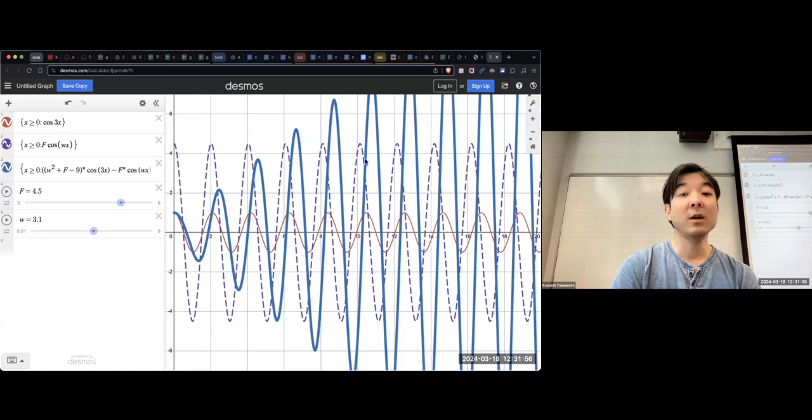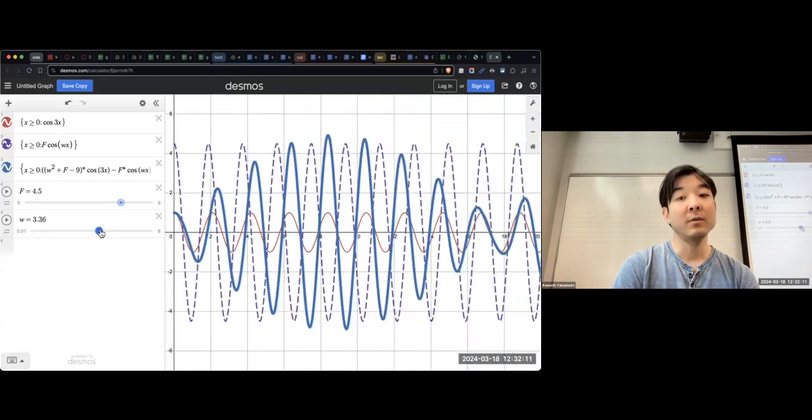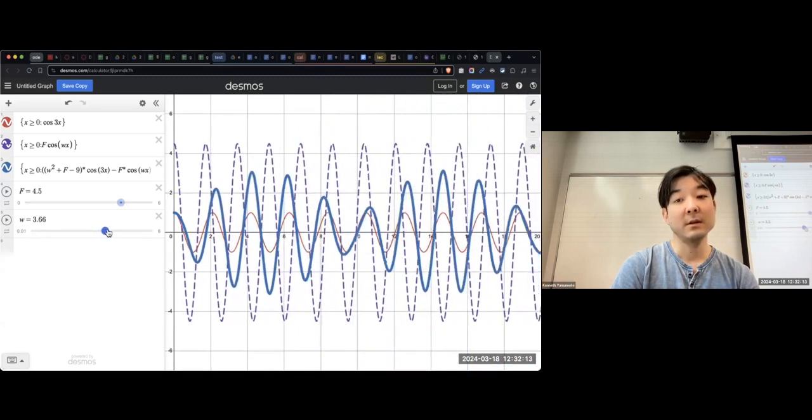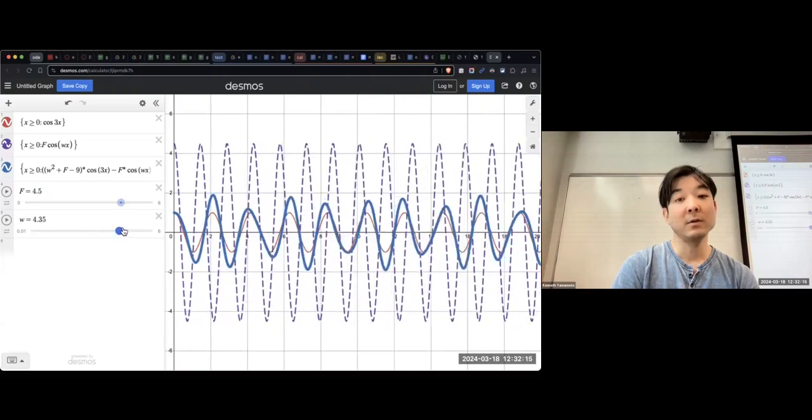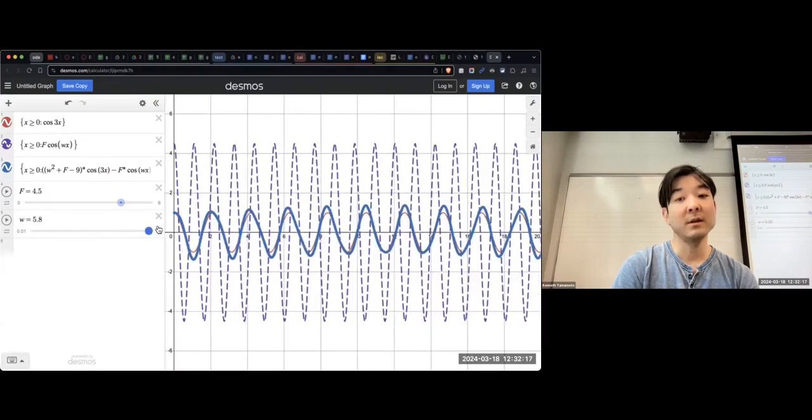Do you think this blue that's blowing up will blow up more or less? It's going to go down, right? Because it's going to break resonance at that point, since you're not oscillating at the same frequency. So I'll move this to the right, and it breaks the resonance. It's just not going to resonate anymore.